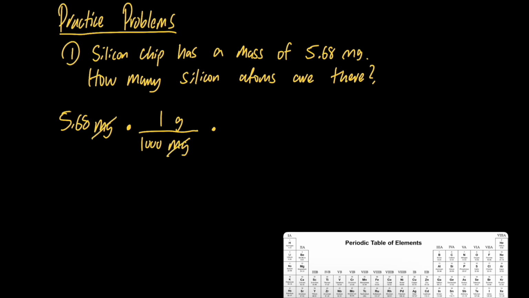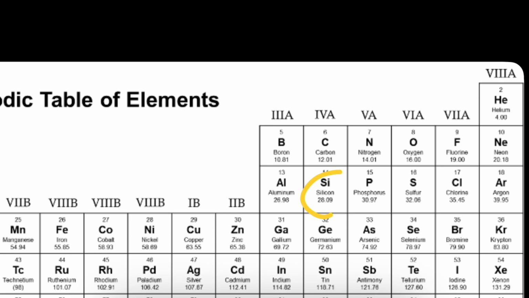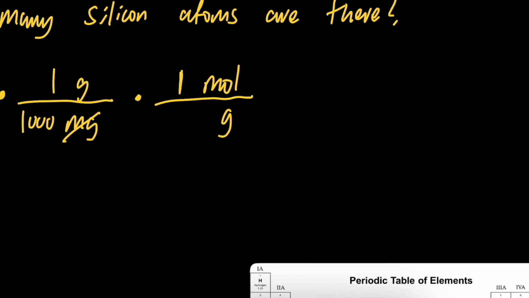And so now we need to convert to moles. So we put grams on bottom and moles on top. And so we need to determine how many grams there are in 1 mole of silicon. So we have our handy periodic table right over here. So if we zoom in, we can see 1 mole of silicon atoms has 28.09 grams.